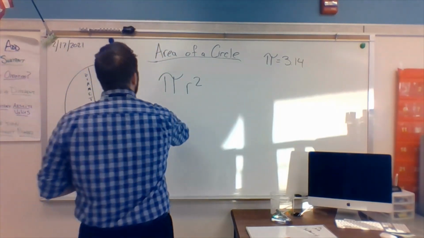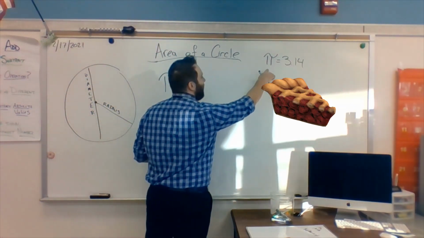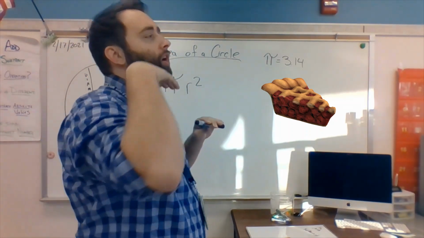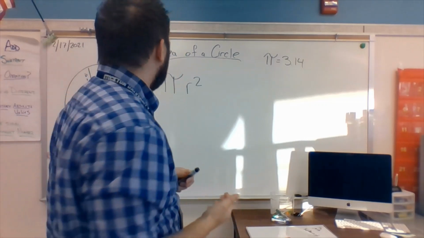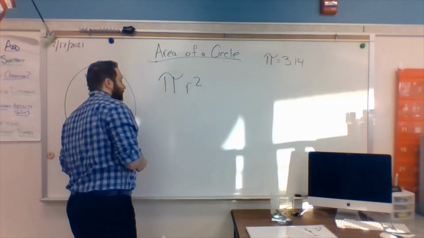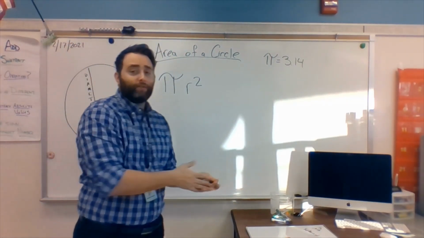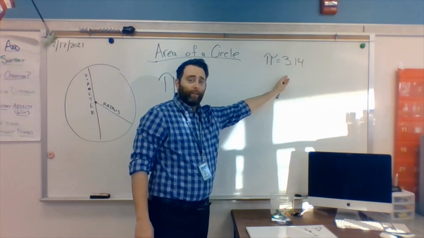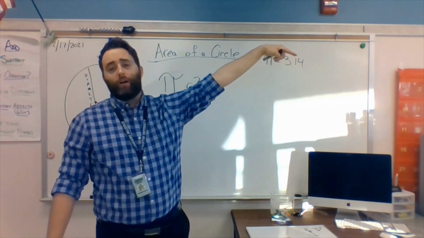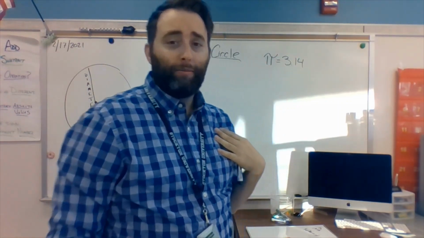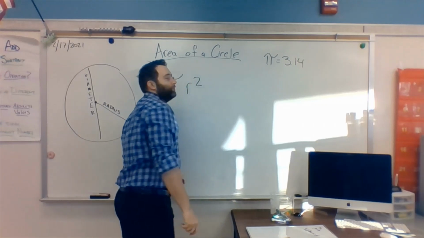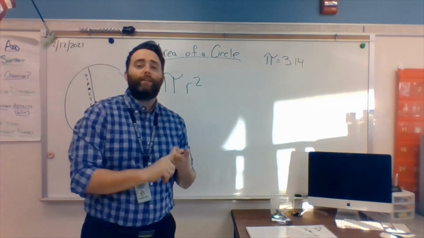So what is this weird symbol? If you don't know already, that is pi. Pi has long been calculated to help us formulate the area of a circle and the circumference of a circle. It's the number they came up with a long, long time ago, and it keeps on going. You guys know it keeps on going. I'm going to stop it at 3.14. Pi for us in class is 3.14. It's the number we use to help calculate with radius and diameter.